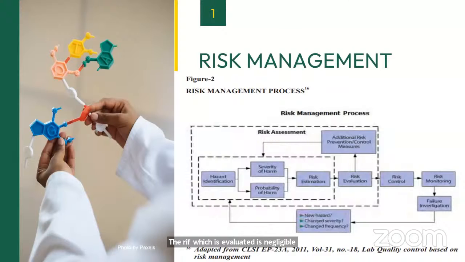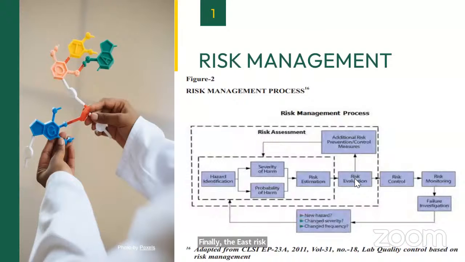Even though the consequences of misidentification would be catastrophic, due to all the measures and protocols available in your laboratory, there is a very remote chance, or no chance at all, of this happening. So finally, the risk evaluation comes to zero.